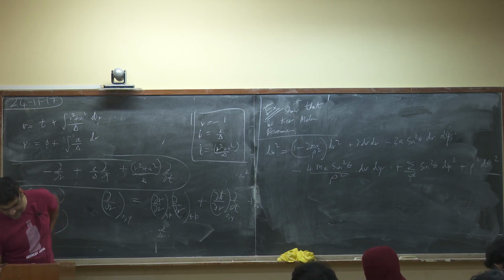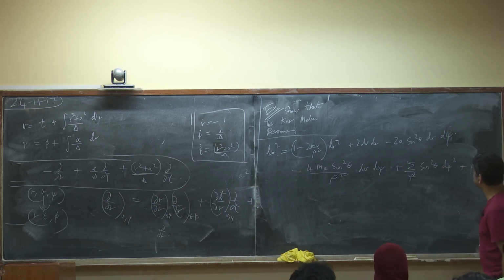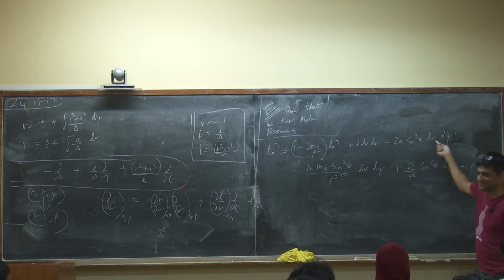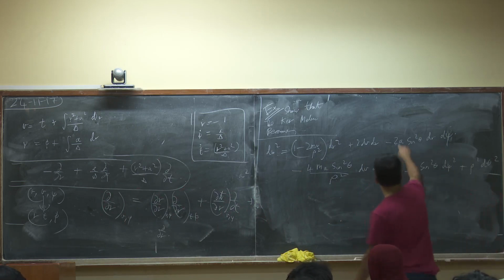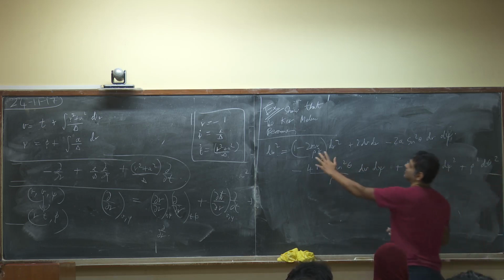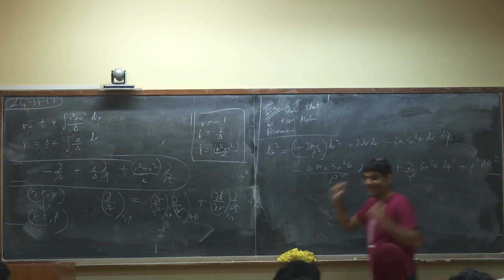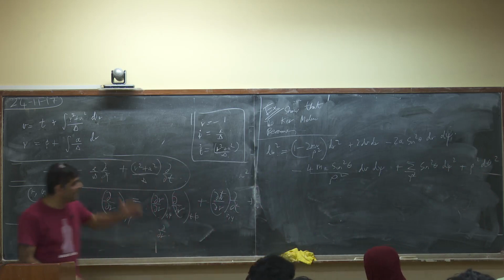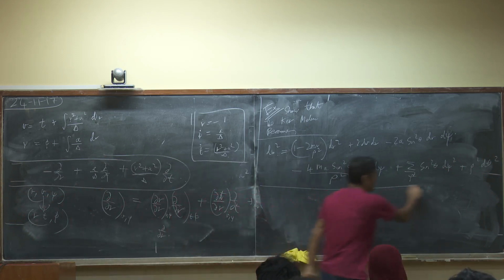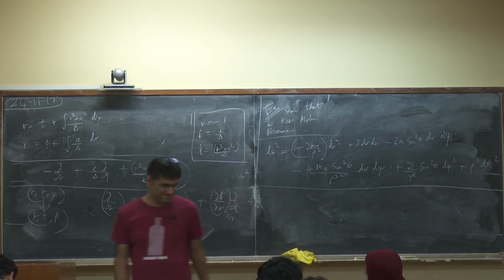The new elements in this, compared to the Eddington-Finkelstein metric for the Schwarzschild black hole, are this term and this term. There were no analogues of these two terms. Both these terms are proportional to a. So if you set a equal to 0, this will just go over to the usual Schwarzschild metric in Eddington-Finkelstein coordinates. So this is the Eddington-Finkelstein version of the Kerr metric. Now that we have the Kerr metric in good coordinates, we can study the future event horizon.